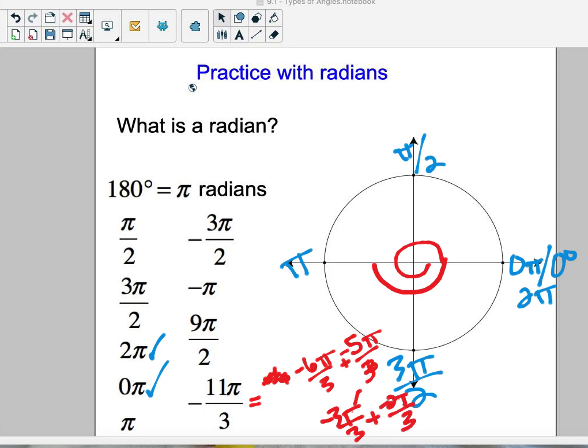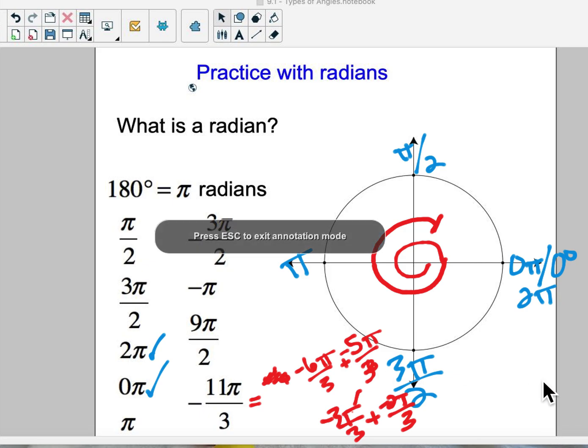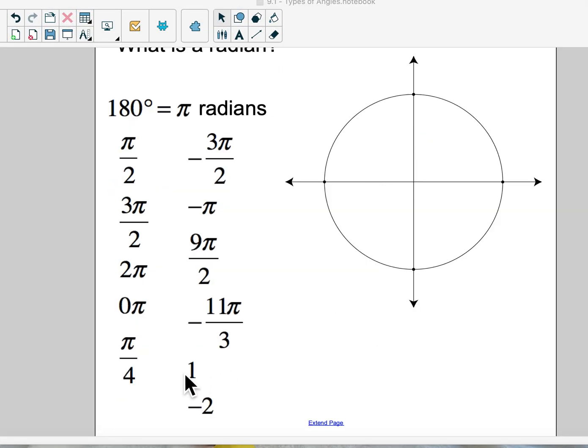And so now I've gotten my 3 pi over 3 done to that point. So now I just have to go 2/3 of the way over. I think of it in terms of fractions, because another 3/3 would be all the way over. So 2/3 would basically be stopping 2/3 of the way over. So that's what negative 11/3 pi would look like.